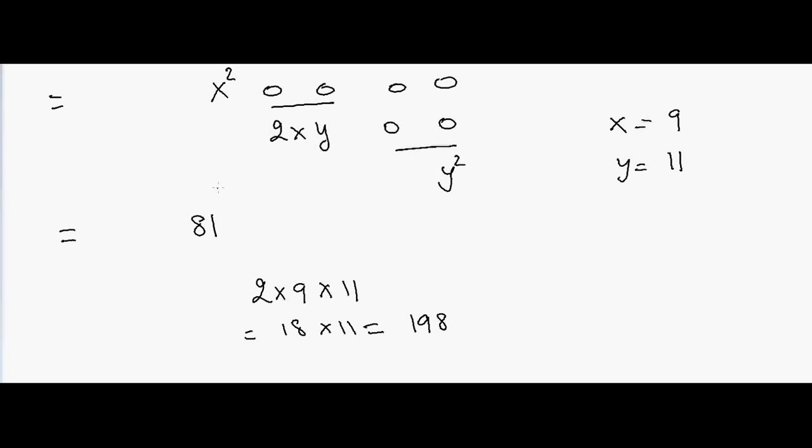So we'll have 198, and then we have y square, so 11 square is 121, so 21 and 1 here, right? So in that case the answer would be equal to 89991. So that's your answer.